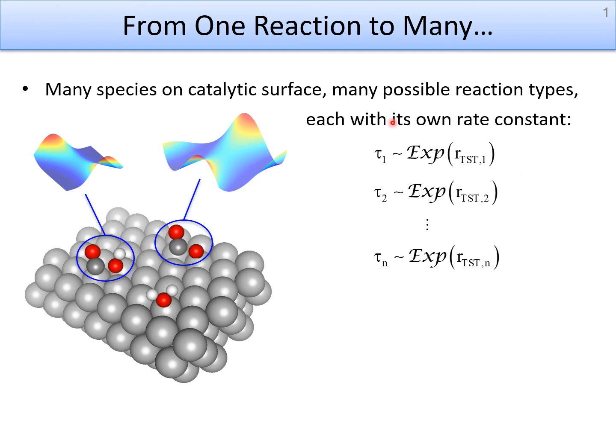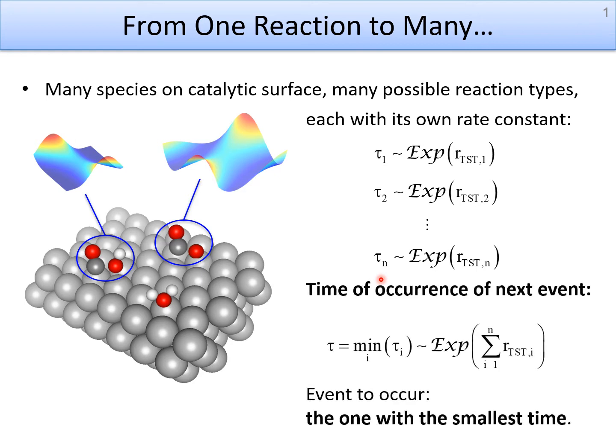So out of all of these random times for each one of these reactions, I can take the minimum of them, which will give me the time of the occurrence of the next event. So the time for any event to happen is the minimum out of all of these. And there is a mathematical theorem that tells us that this minimum will be an exponentially distributed random variable with rate constant equal to the sum of all of these rate constants.